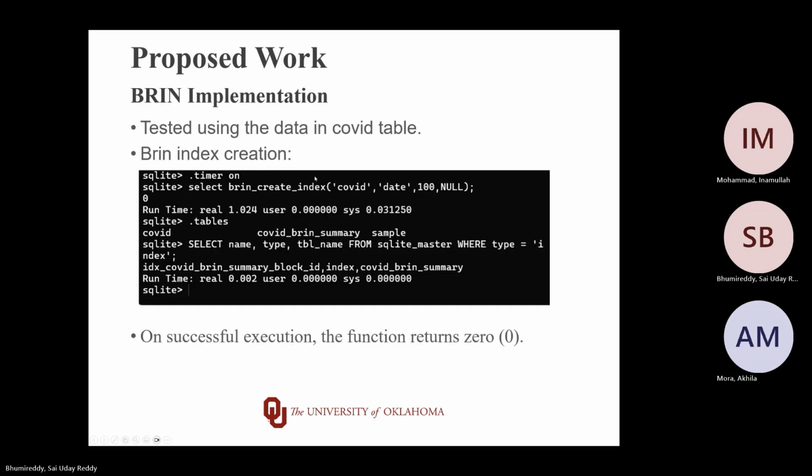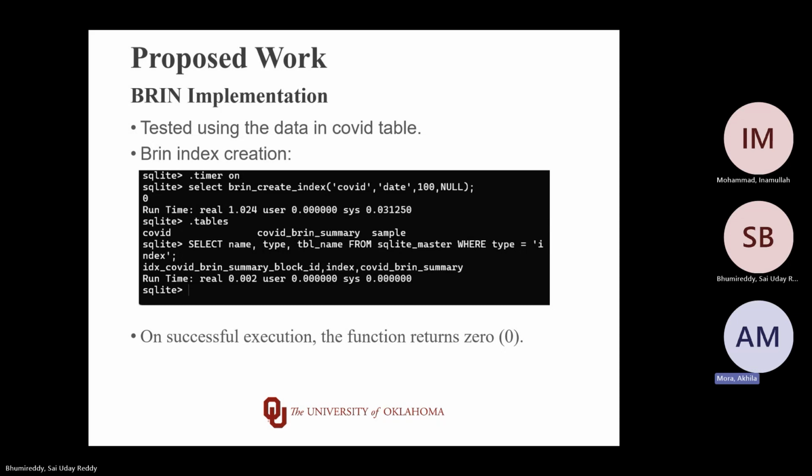So we tested using this COVID table, and this table has around 2000 rows. For creating a BRIN index, the BRIN create index function was used, and as you can see here, the parameters are the table name, the column on which we want to create a BRIN index, and the block size.